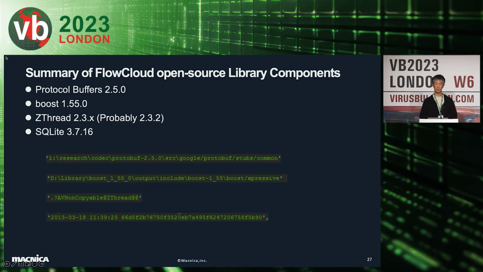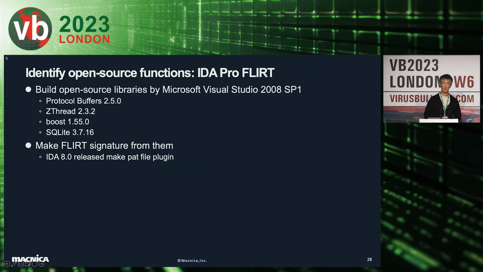And the SQLite version is 3.7.16. So we could get the necessary information to make the IDA Pro FLIRT signature.